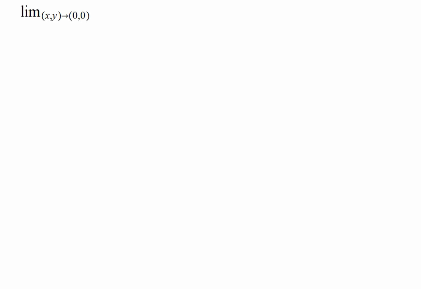I'm just going to write the expression directly, xy over x squared plus y squared, and the substitution doesn't yield any determined value, so this is an indeterminate form. So we have to use some other techniques to make a determination here.